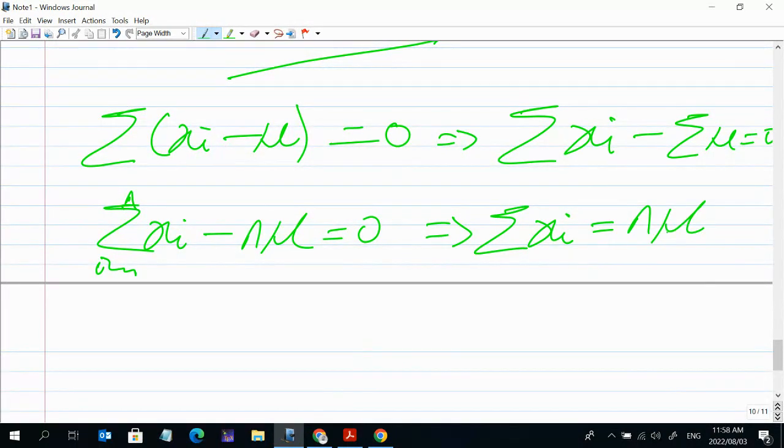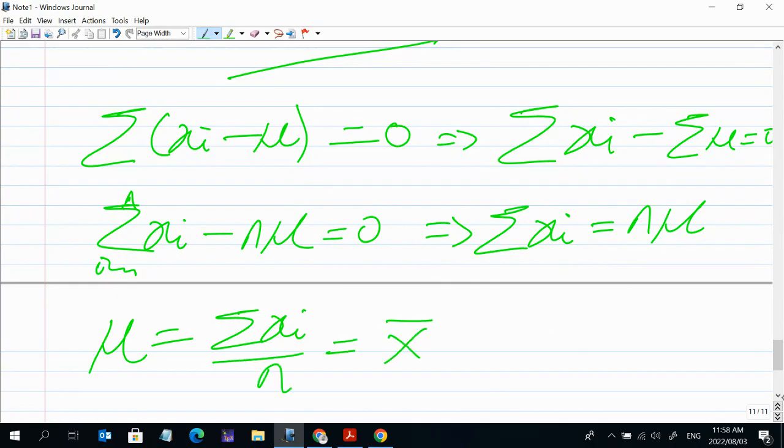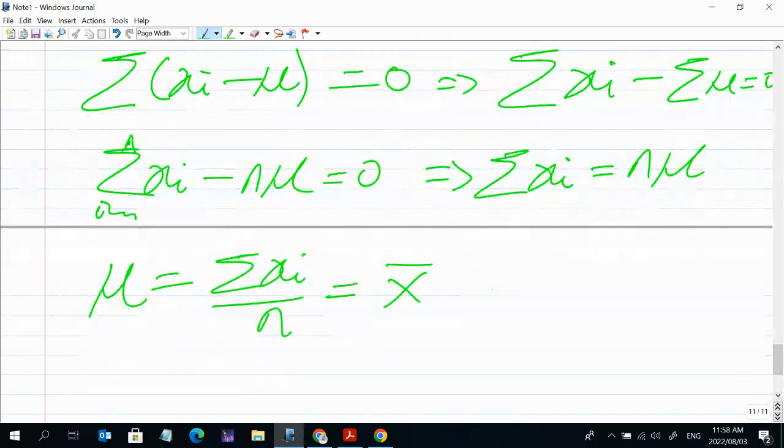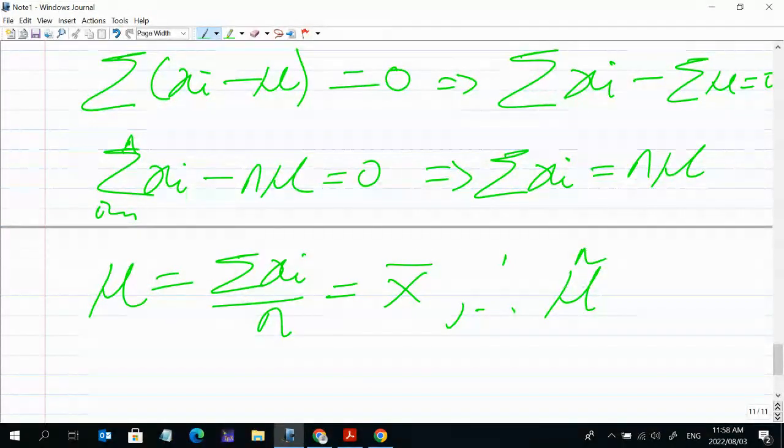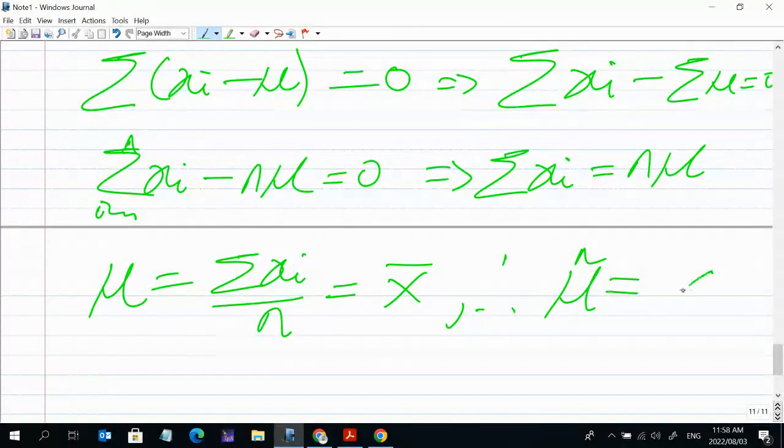We solve for mu by dividing both sides by n. We have mu equal to summation of xi over n, and this is equal to x bar. So what does this mean? This simply means that mu hat, which is the estimator of the population mean, is nothing but x bar, which is the sample mean.